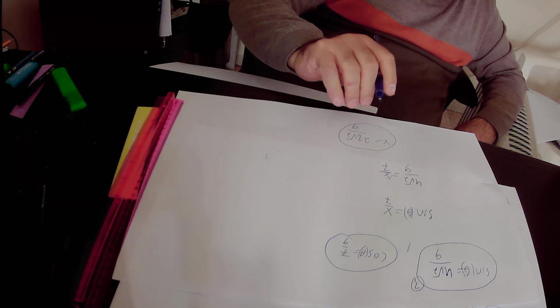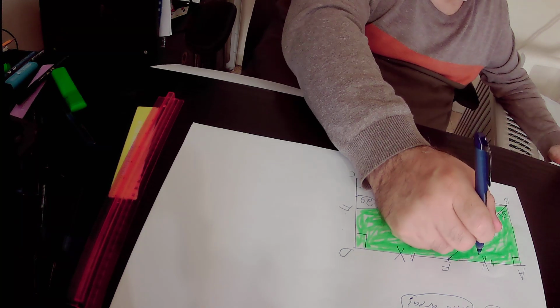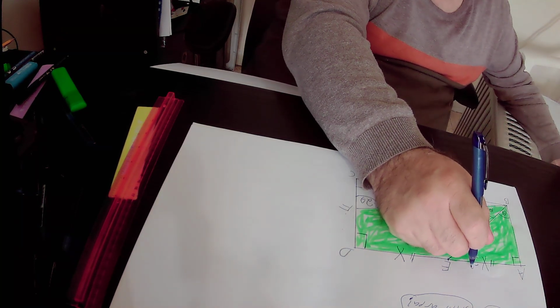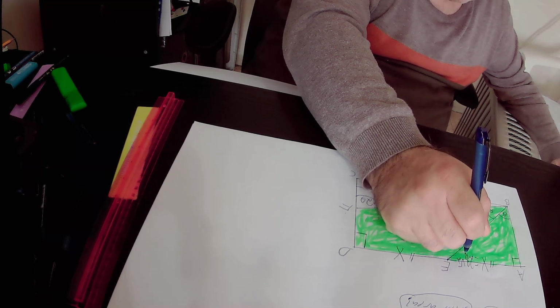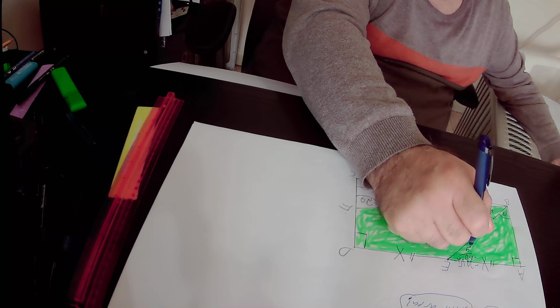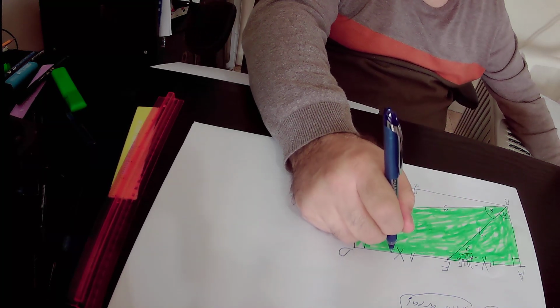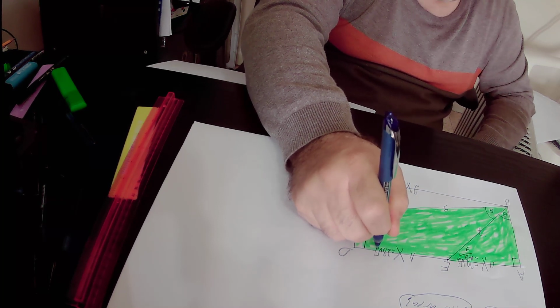So we actually found out the value of x. Here x equals 28 times square root of 2 over 9. Here also x equals 28 times square root of 2 over 9.